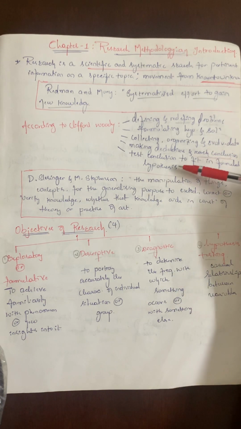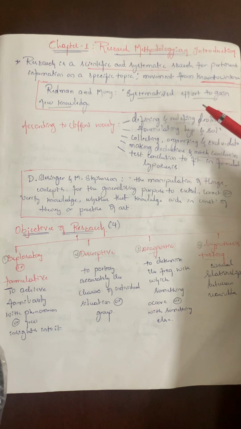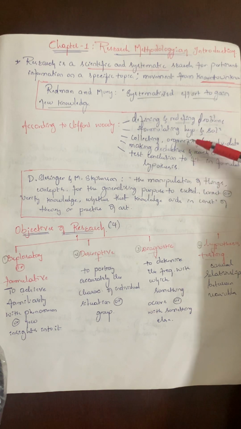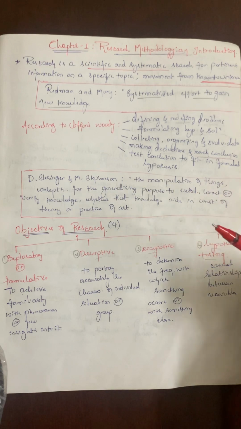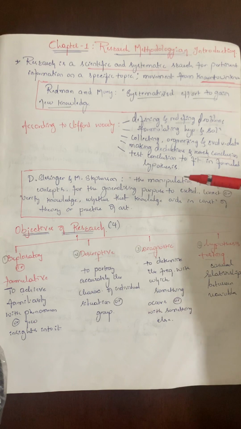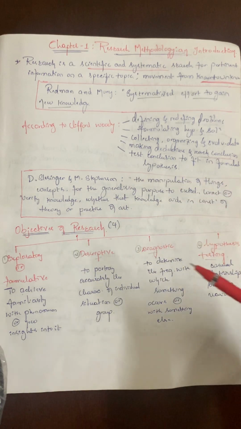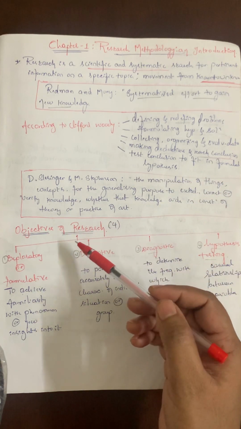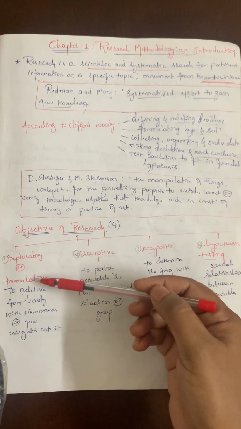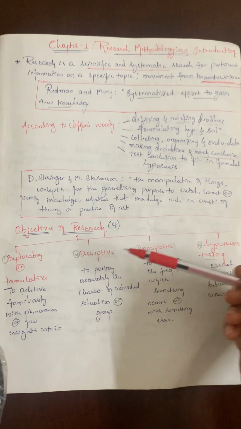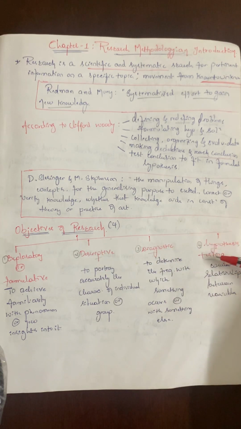If the actual output and the expected output are not matching, then we say that the research is negative, right? You haven't found the actual solutions that you wanted. That's all. And the objectives of research are of 4 types: exploratory or formulative, descriptive, diagnostic, hypothesis testing.